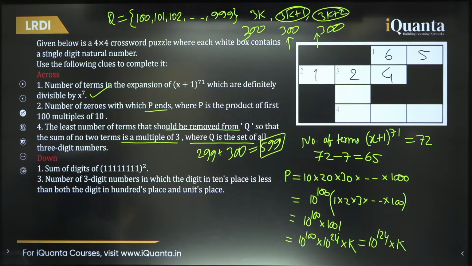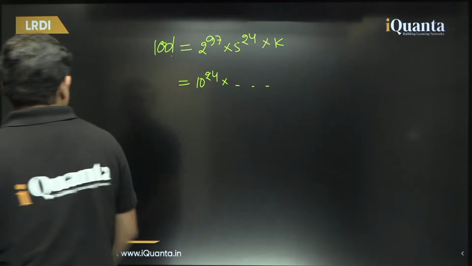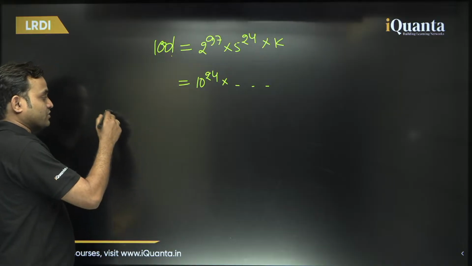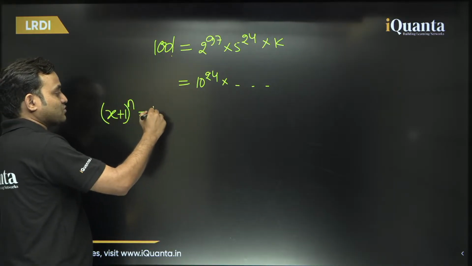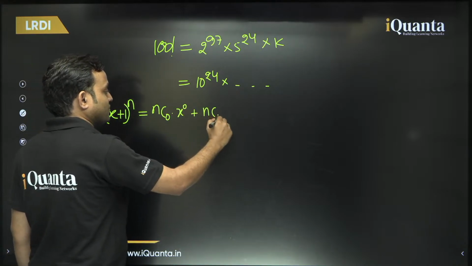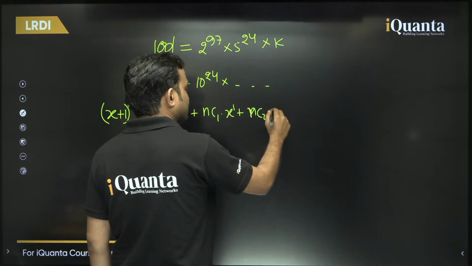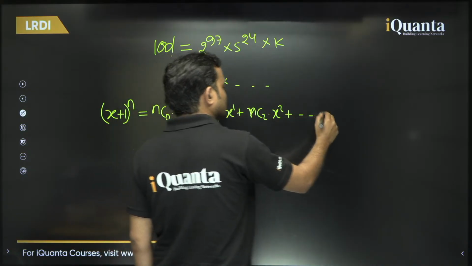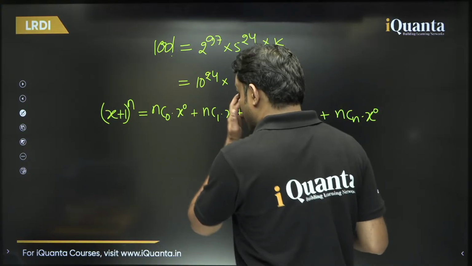Pujit is saying, sir, could you please explain the logic behind the first clue once more, as I did not get it. See, Pujit, if you write down (x plus 1) to the power n, this is equal to nC0 x to the power 0, nC1 x to the power 1, nC2 x to the power 2, and so on till nCn x to the power n.